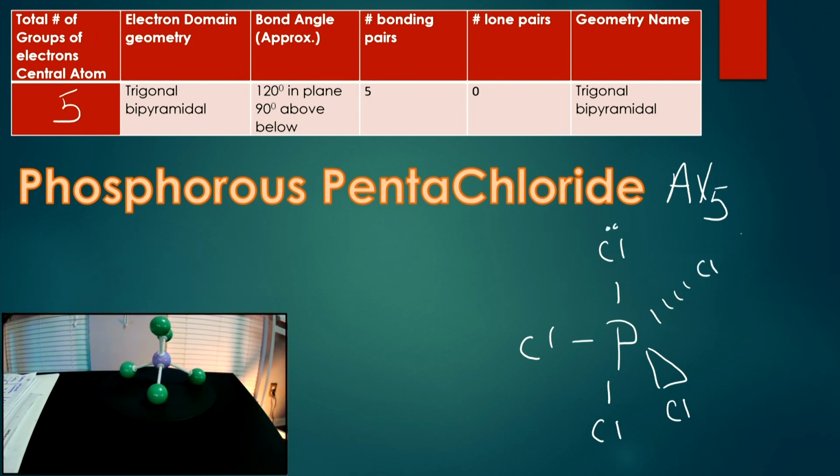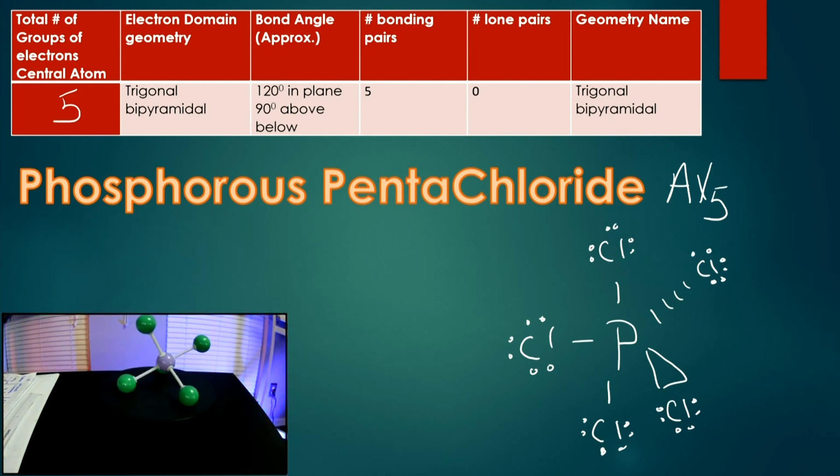Filling in our unbonded electrons on our outer atoms for each chlorine, I always advise students to go back and check that they have the right number. Don't race through them. Lots of practice.